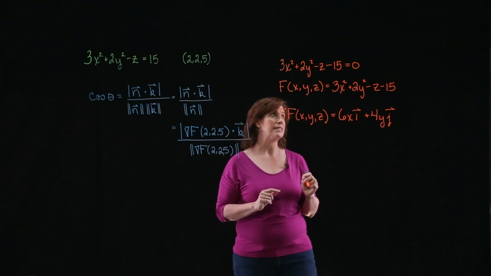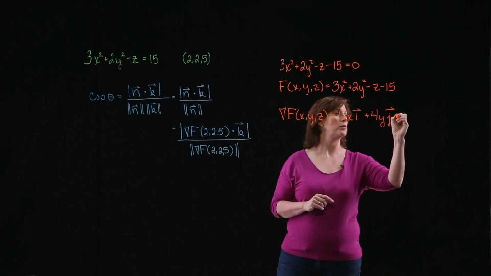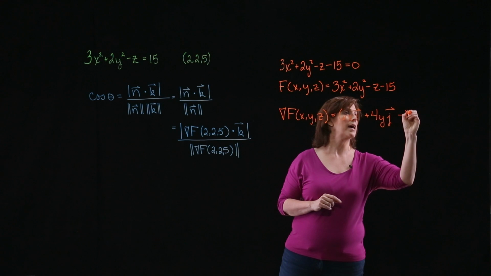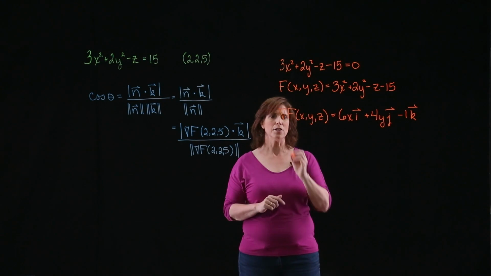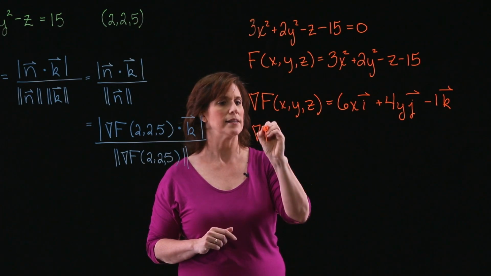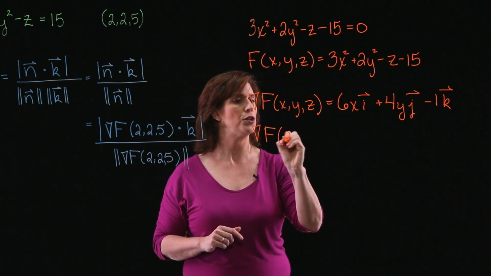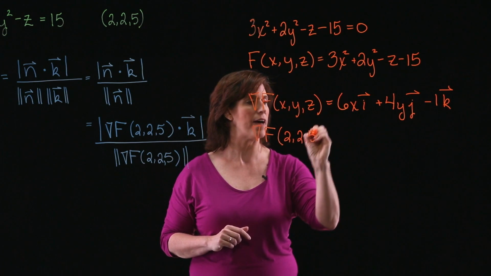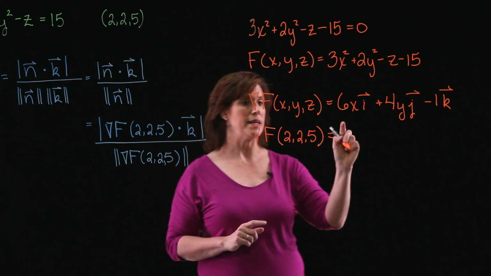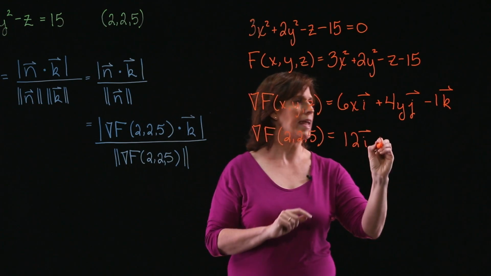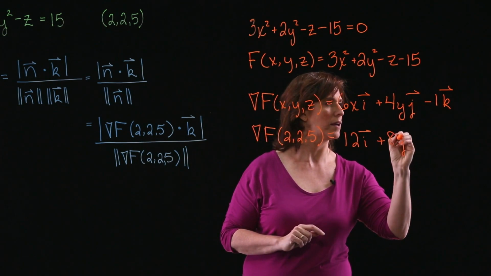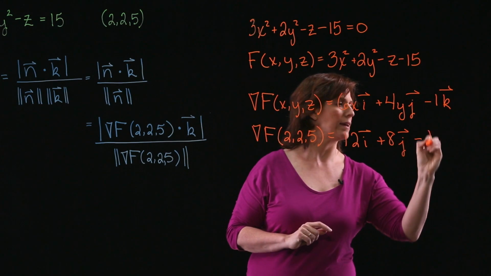And then finally, I need to take the partial with respect to z, which is just going to be minus 1, times my vector k. And in particular, I'm interested in this gradient at the point (2, 2, 5). So that's going to become 12i plus 8j minus k.